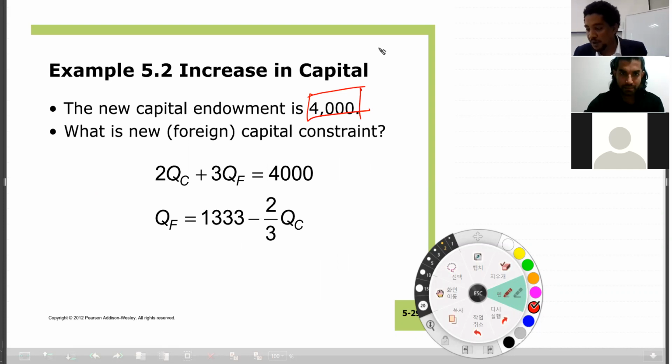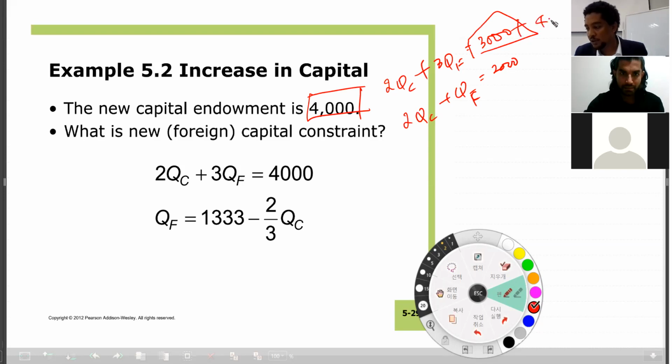But you remember the equation where we used 2QC plus QF is equal to 3,000, okay? And if I remember exactly, then it was like this, okay? Is equal to 2,000 in our first example, right? So now we are trying to increase this by 1,000 and using this as 4,000, okay?